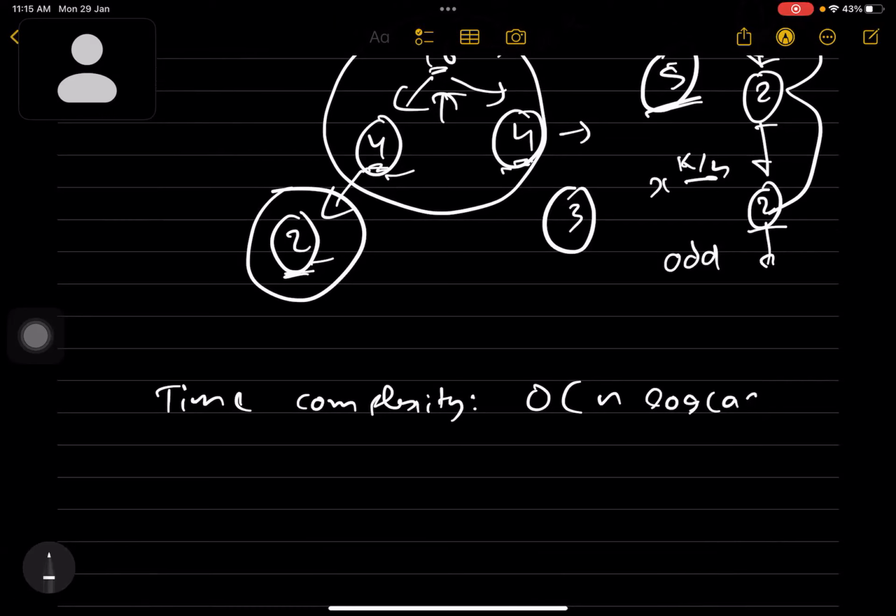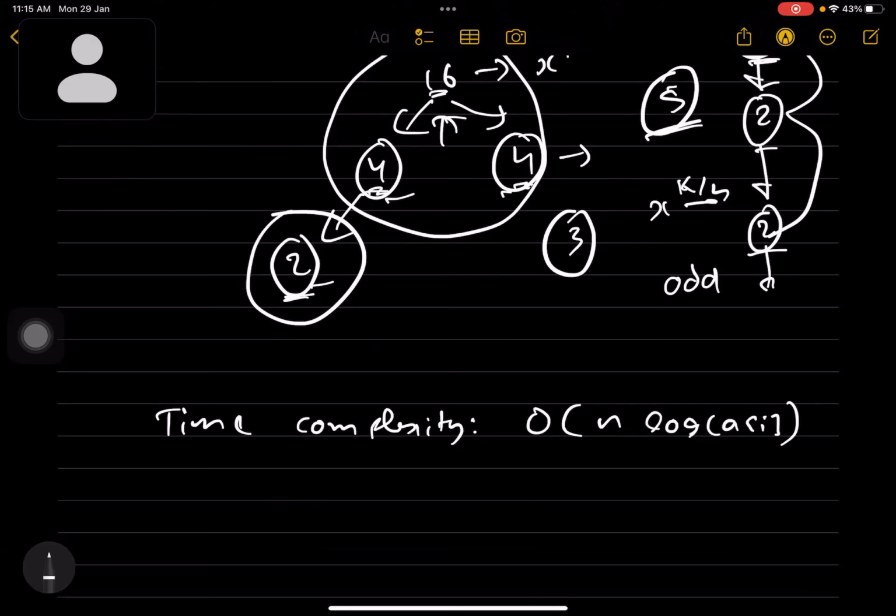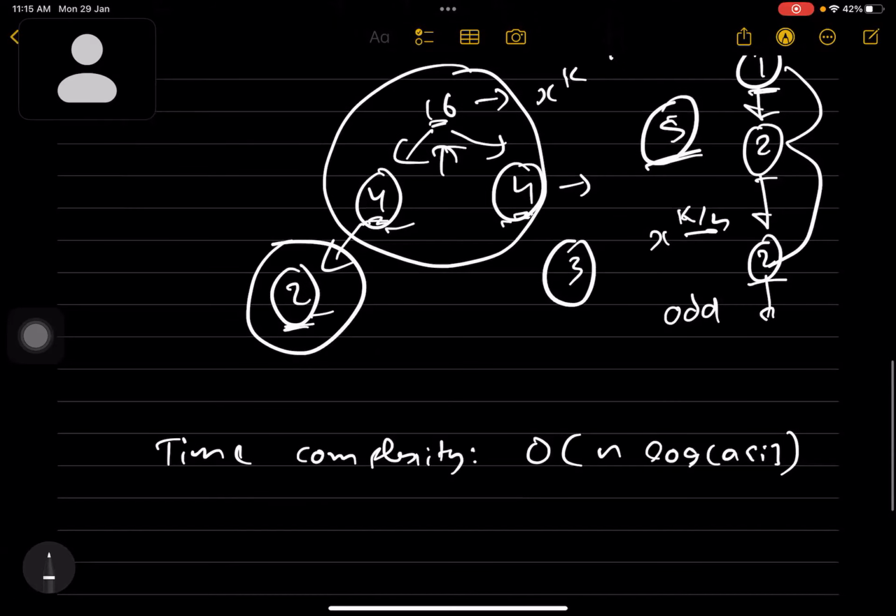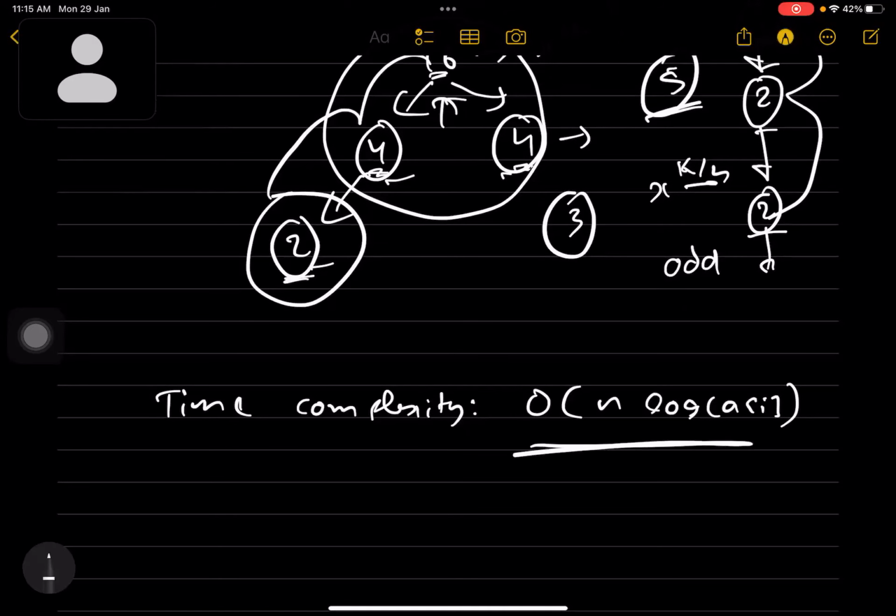So it will be log of a of i, okay? Why log of a of i? Because at every point we are doing a square root function, and we are going down, right? So it's decreasing in a logarithmic way, right? So 16 will become 1 in log 16 base 2 time, right? So the time complexity of this approach will be n log a of i, okay?